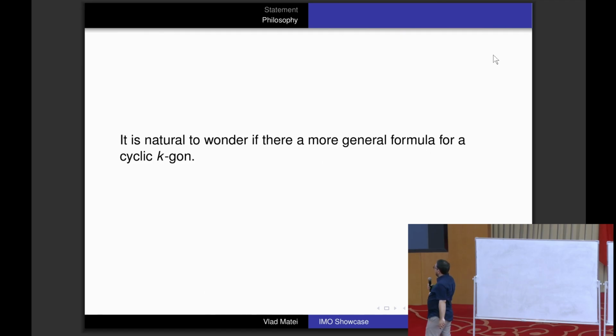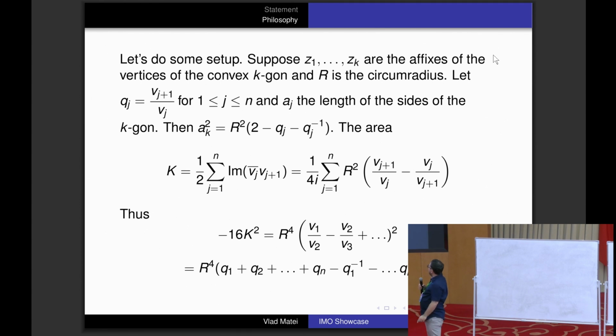And actually, this is something that has been studied. Let me justify that there is some sort of formula. What's the setup if you want a formula for computing this? Let's do some complex geometry, since some of you had lessons on complex geometry.